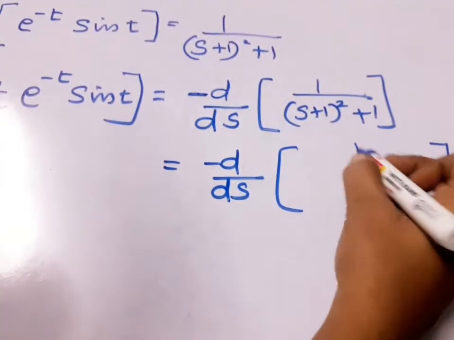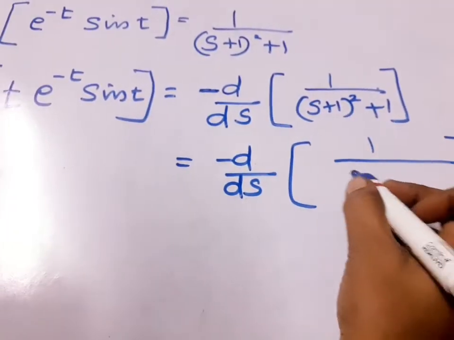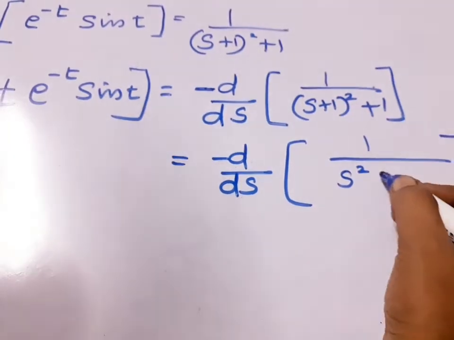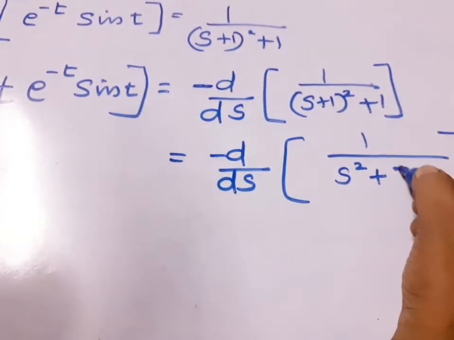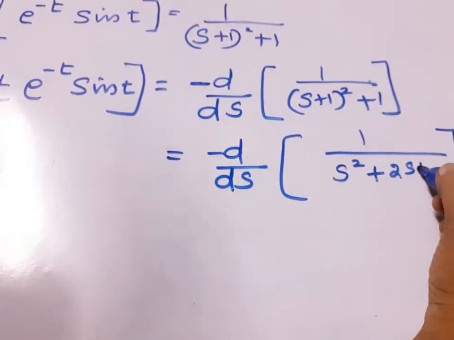You can even simplify this term using the formula a plus b the whole square: s square plus 2s plus 1 plus 1, which is 2.